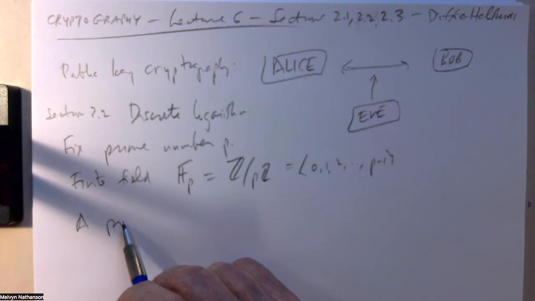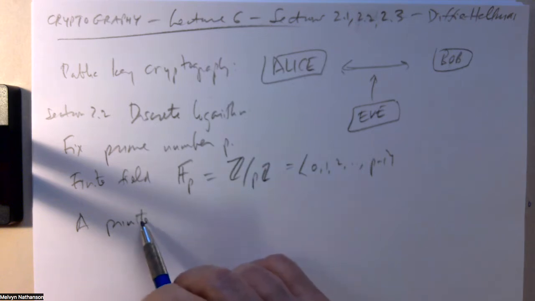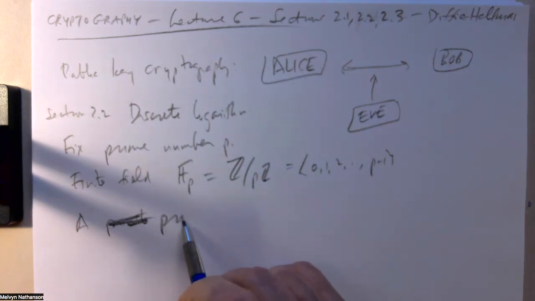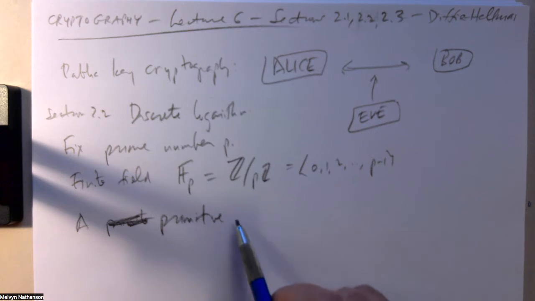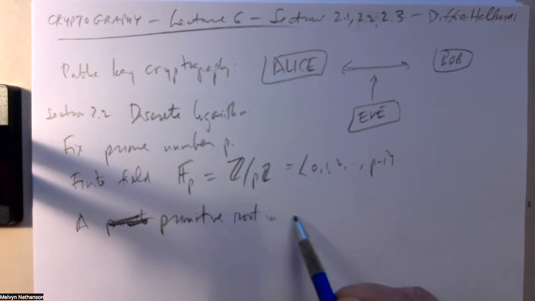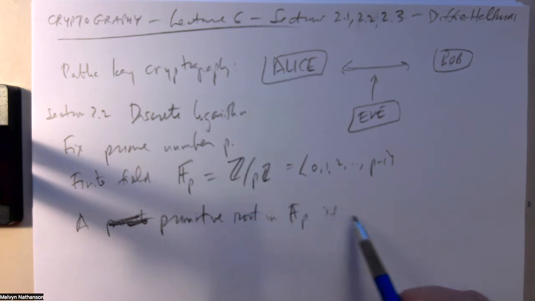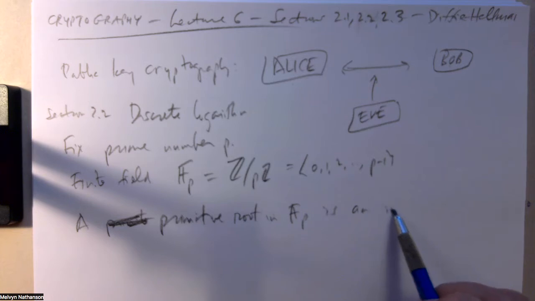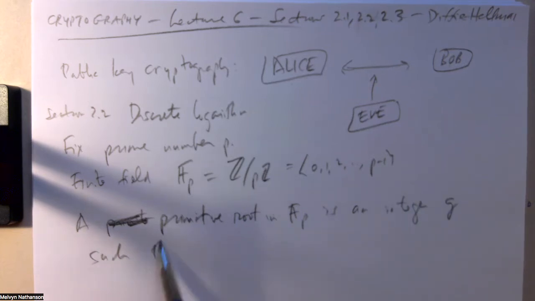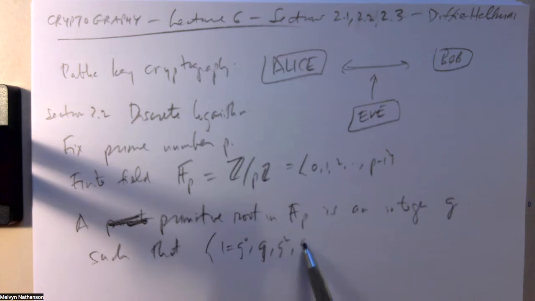So a primitive root in Fp is an integer G such that if you start taking the powers of G, of course, 1 is G to the 0, G squared, G cubed, and so forth, up to G to the P minus 2.